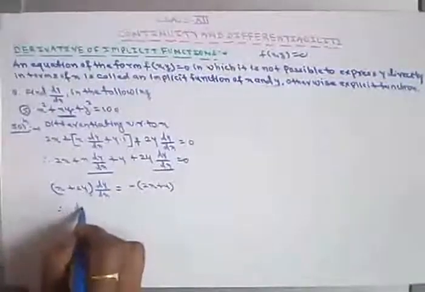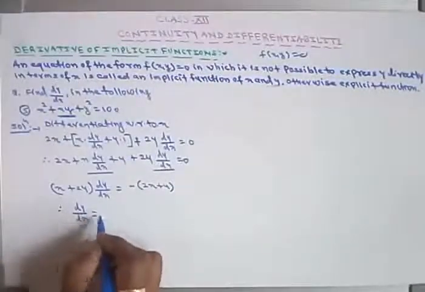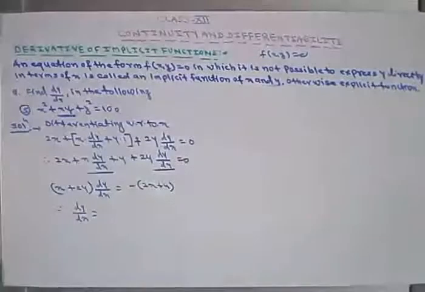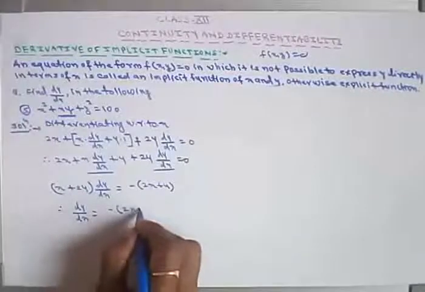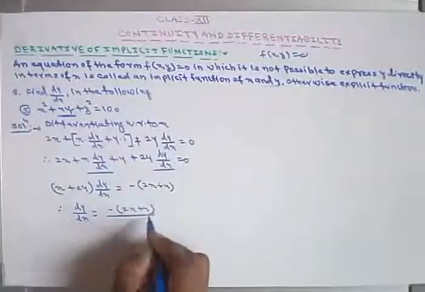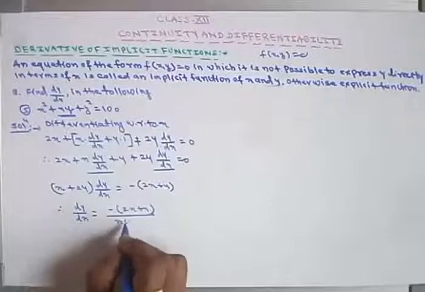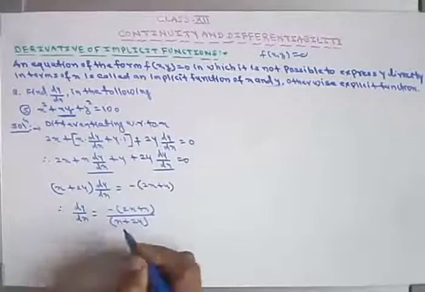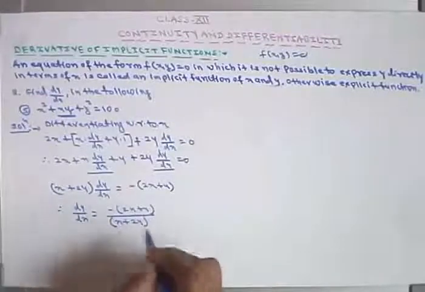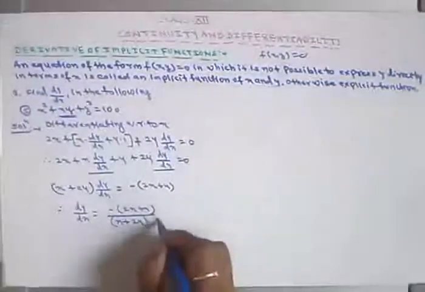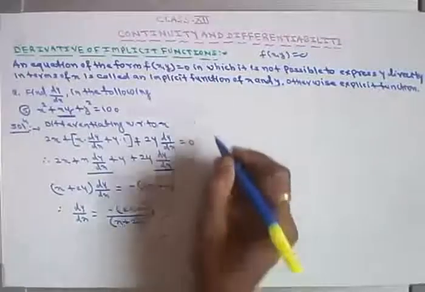Therefore dy by dx equal to minus in bracket 2x plus y upon x plus 2y. Okay student, so in this way we can find the derivative.